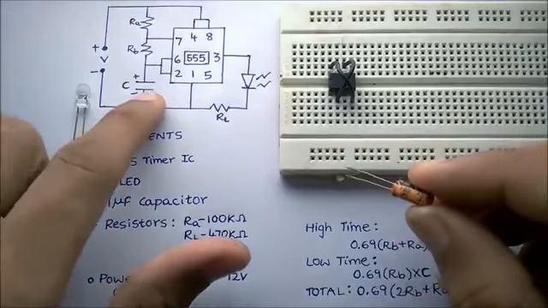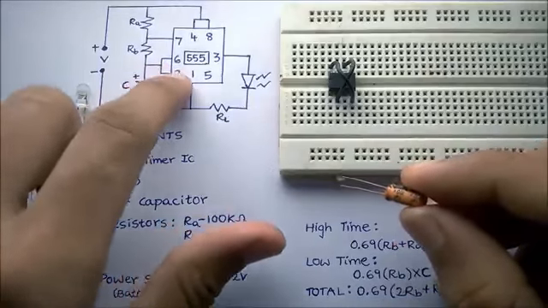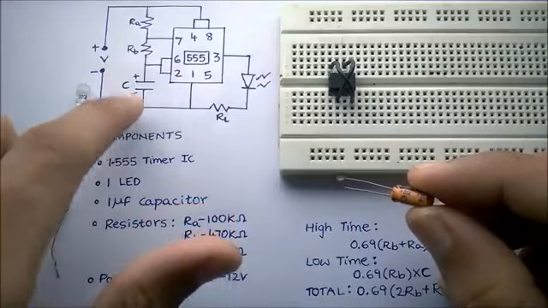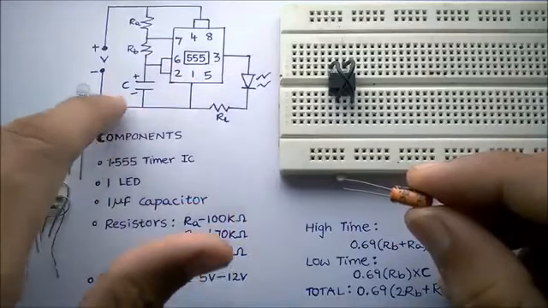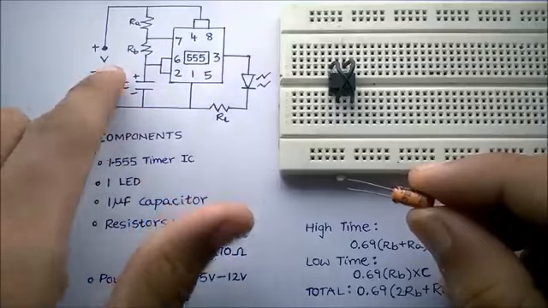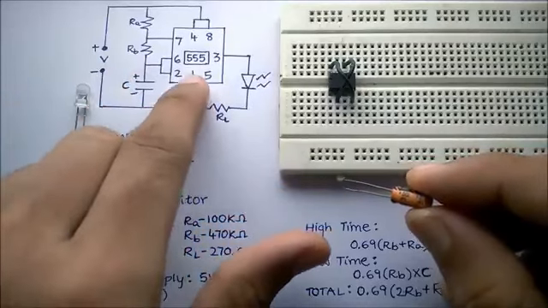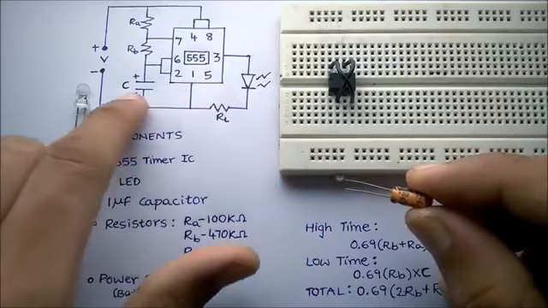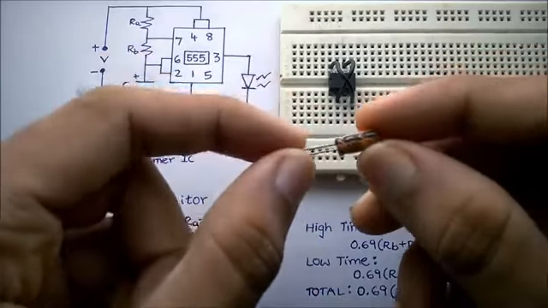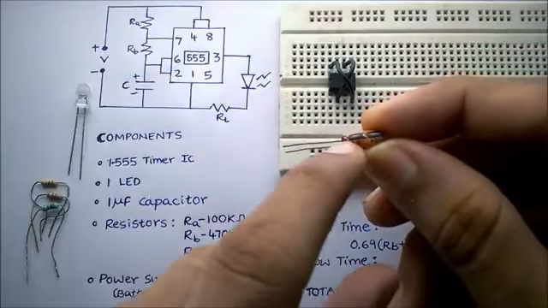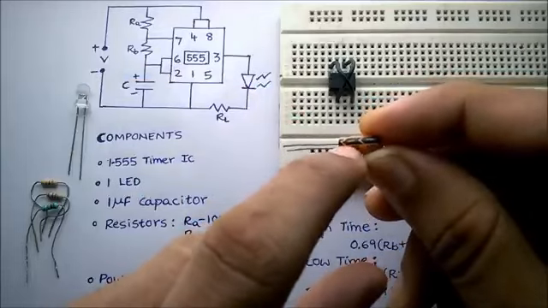The capacitor has to be connected between pins 2 or 6 and 1, which goes to the ground. So the ground is connected to pin 1 and the negative of the capacitor. You can see the symbol here.